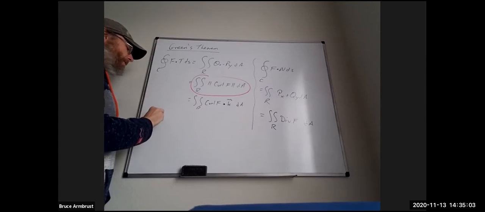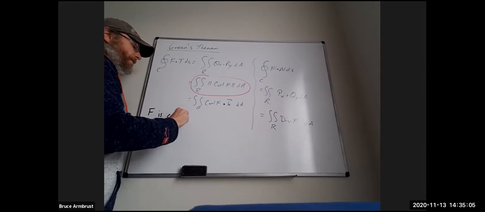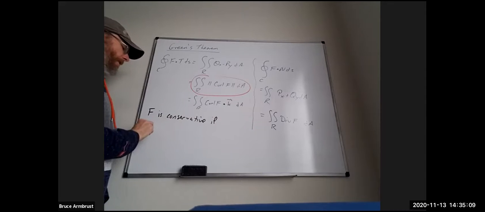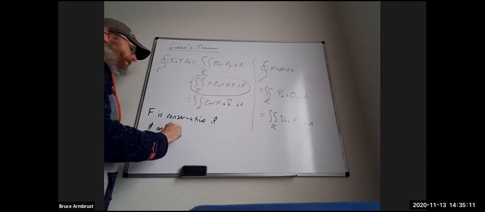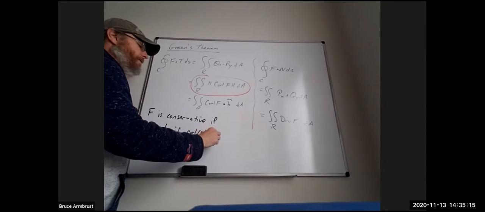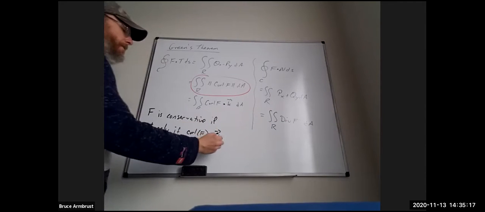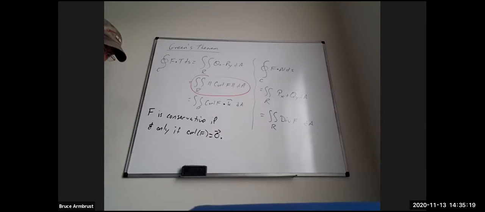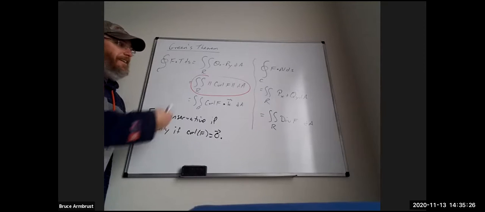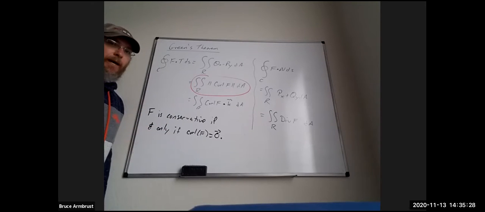So here's actually the check for conservative fields. F is conservative if and only if the curl of F is the 0 vector. Now, you probably have done enough playing around with the 2D ones that you're getting comfortable with the Q_x minus P_y.